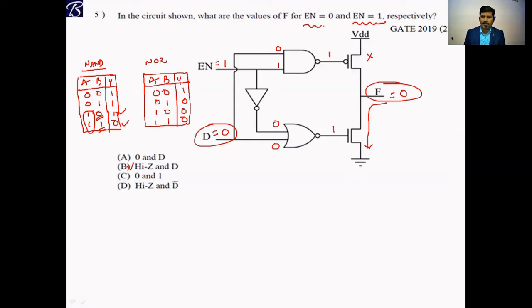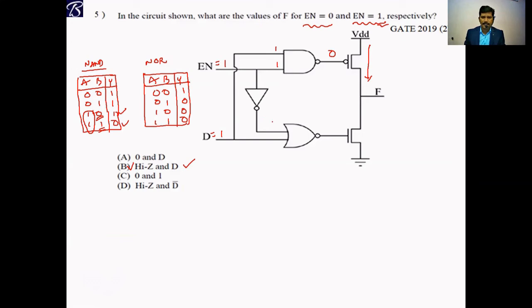Whenever enable is 0, high impedance state. Whenever enable is 1, then D. Let us check when D equal to 1 also. When enable equal to 1, then this is 1. Whenever 1 1, what is the output? 0. So this is switched on.